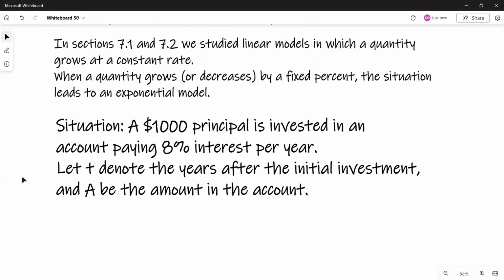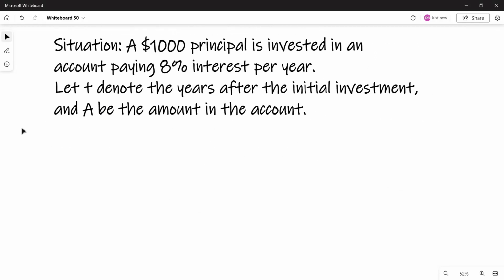Initially, T is equal to 0, and the amount in the account is going to be $1,000.